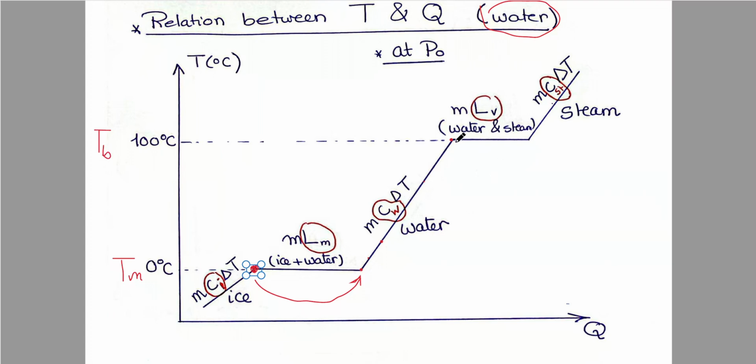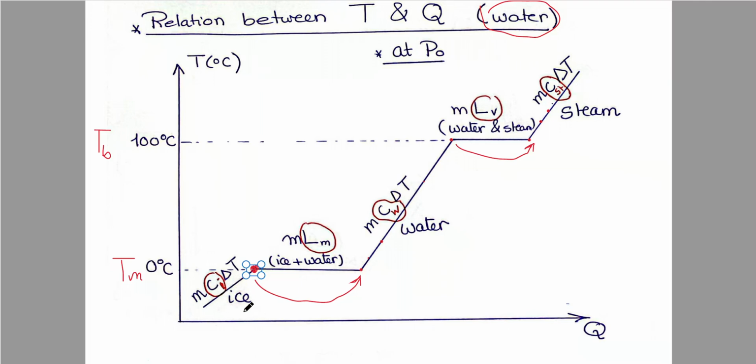At this temperature, the temperature is constant, and now the phase is changing from water to steam. After all the water has changed to steam, you will have steam at 100 degrees, then increasing to 110, 120, and so on.